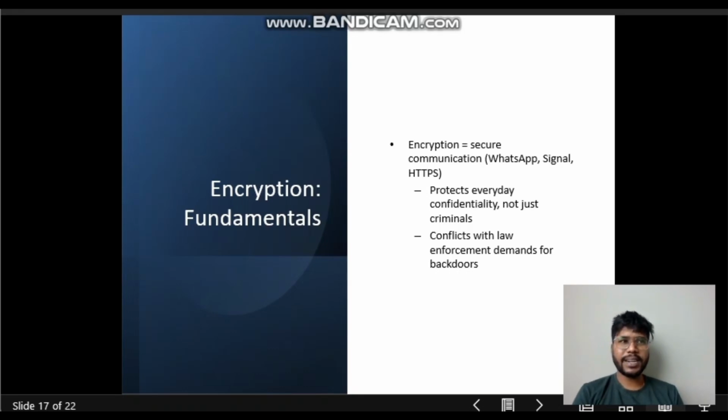Our key distinction is that encryption is not about hiding criminal activities. It ensures everyday digital confidentiality, from medical records to personal chats, everything. That's how important it is to us.